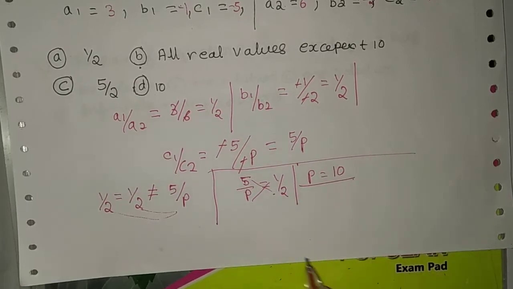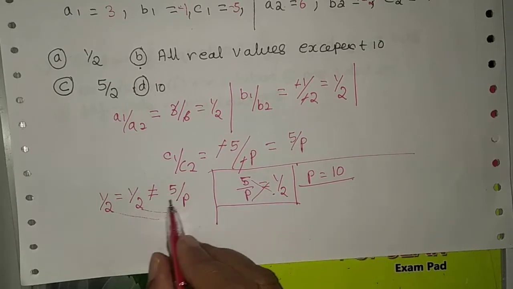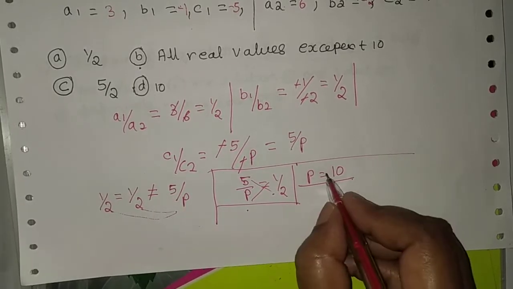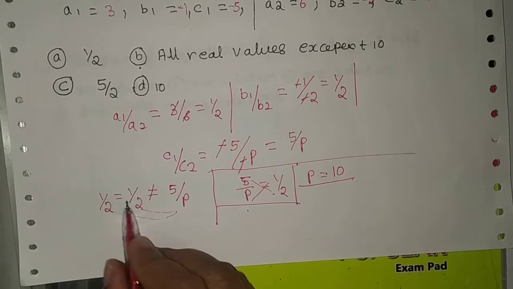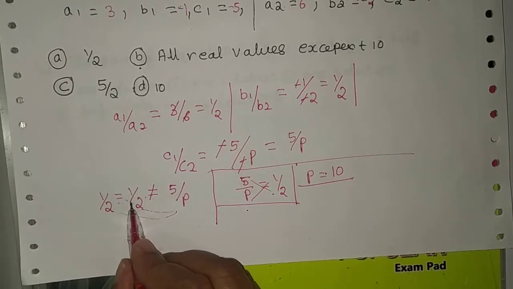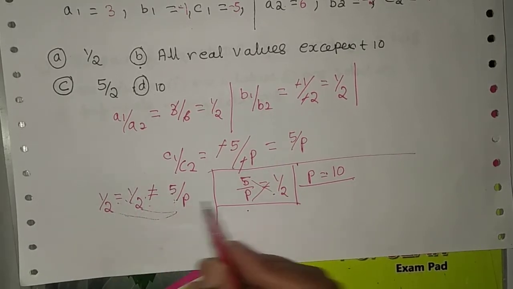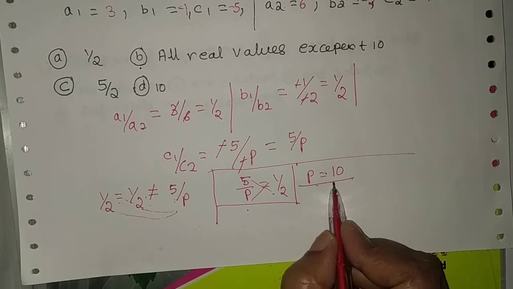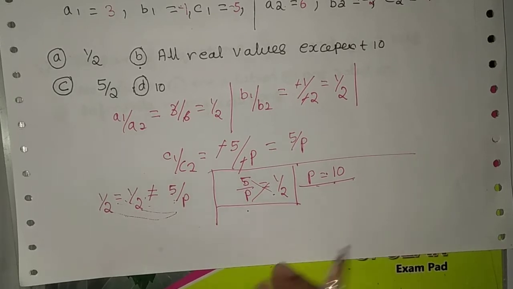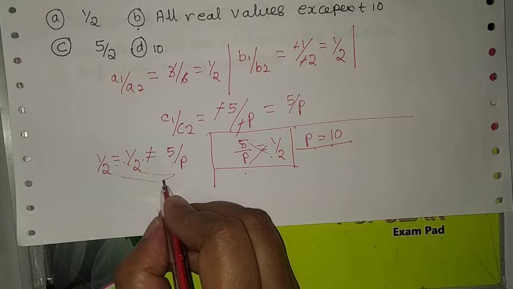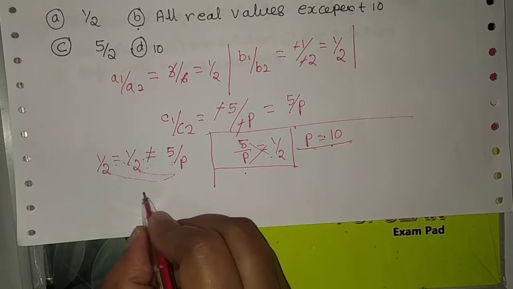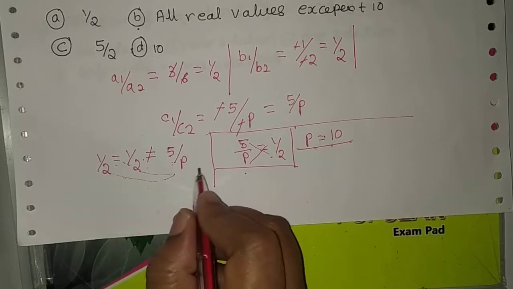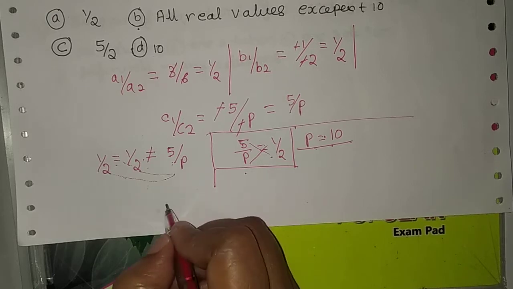In this case, if we equate it to 1 by 2, we get p is equal to 10. So finally, p can have any number other than 10.